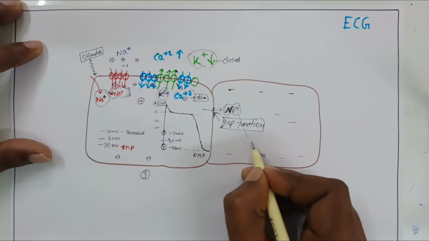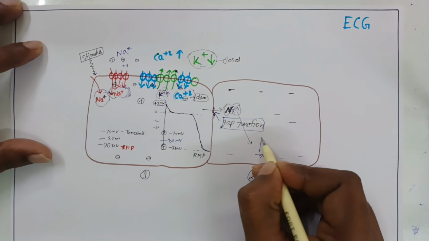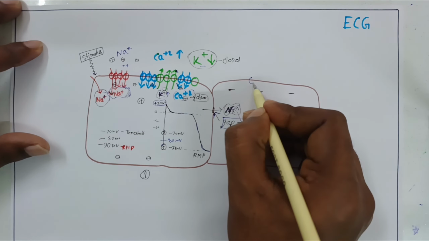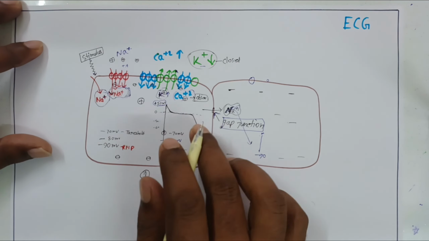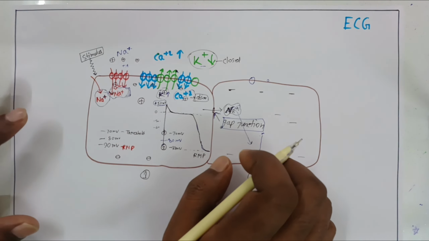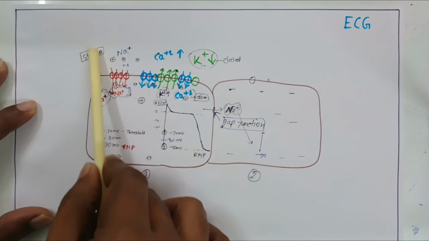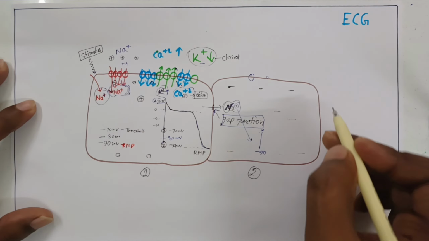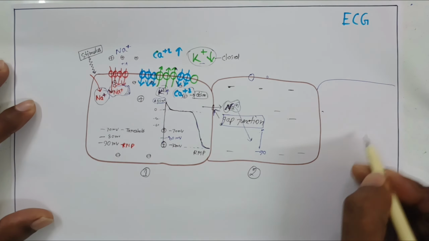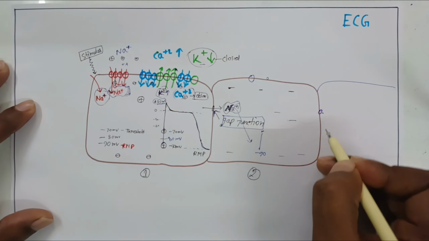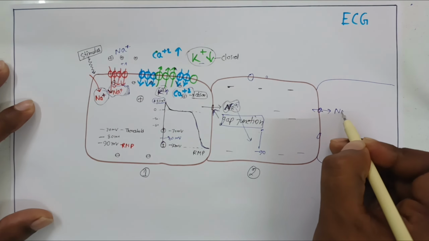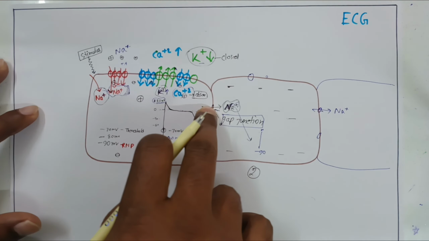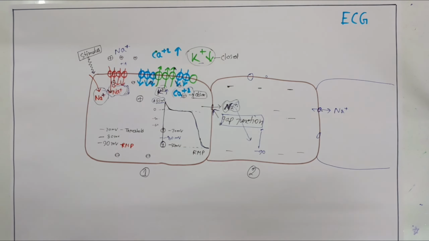After the introduction of these sodium ions, it increases to plus 10. Here are also calcium channels and potassium channels, so this cycle goes on. Stimulation of this one cell leads to stimulation of this cell, and then the third cell, and here are gap junctions also. That means sodium ions can stimulate this cell also. That's how the action potential propagates.